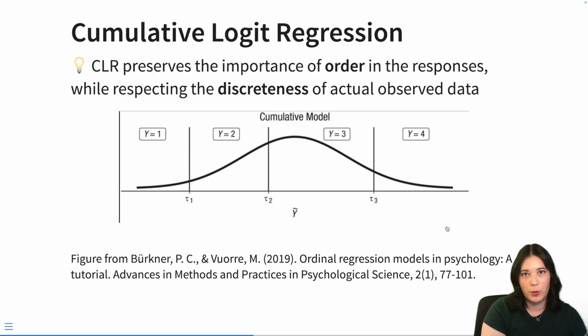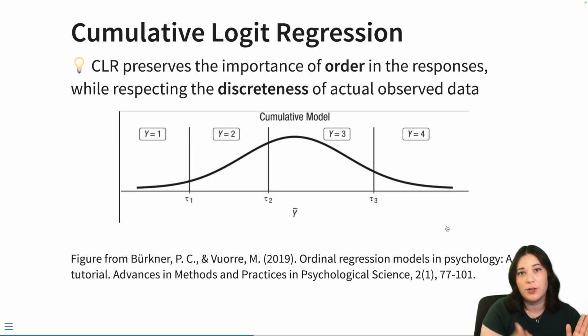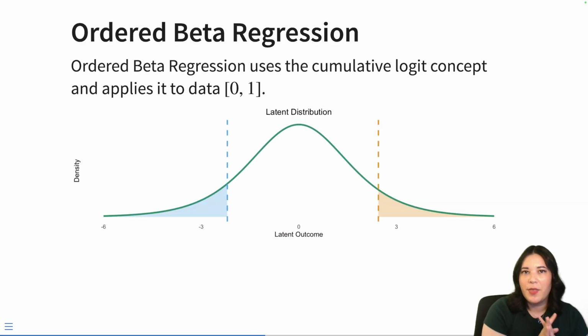And then because we're forcing you to choose a specific category, like strongly agree, neither agree nor disagree, and so on, we are observing, as your latent agreement increases, when you hit the threshold for responding to each of these ordered categories. The reason I talk about this is because it can help us provide a second extension of beta regression that helps figure out some of the problems that we had with Zoib.